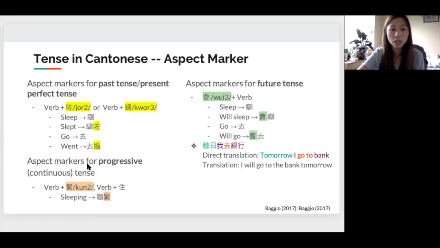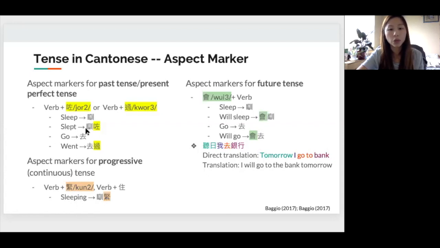For continuous tense or progressive tense, we usually use the character 緊 after the verb. There are more variations in the aspect markers for progressive tense, but today I'm going to focus on 緊 only. For example, we have learned that sleep is 瞓 in here. So sleeping will be 瞓緊.